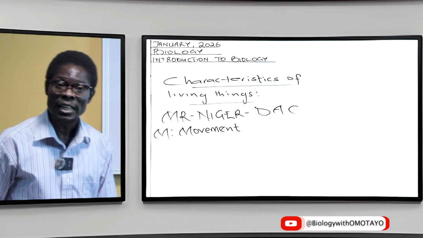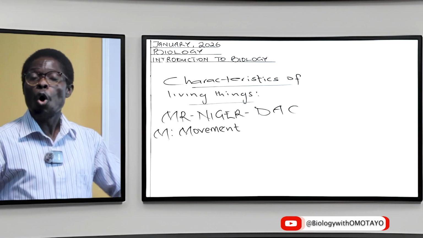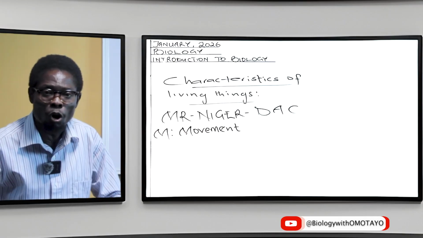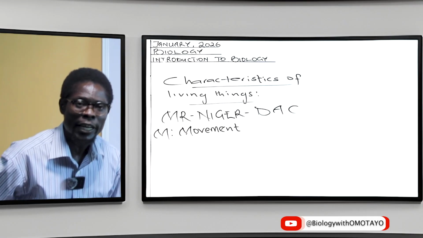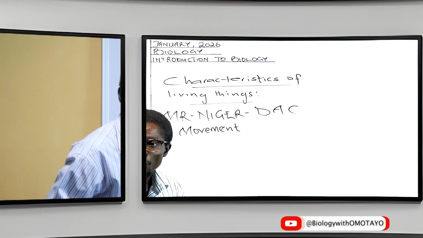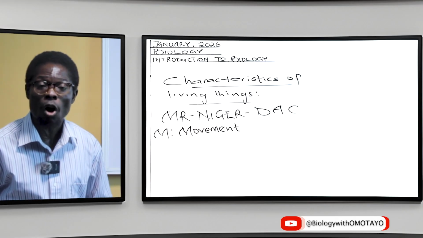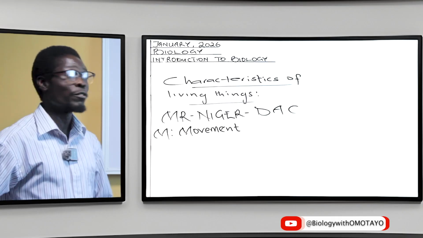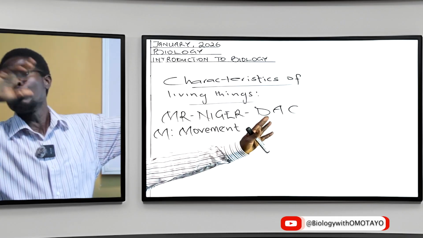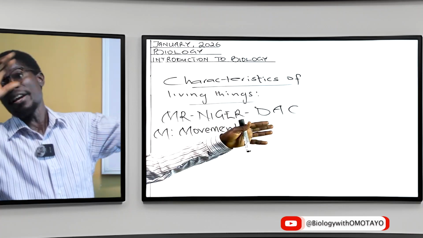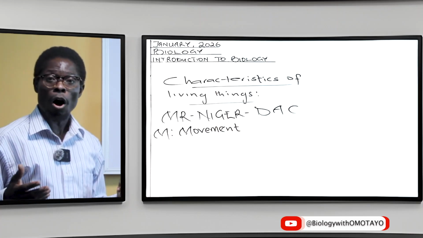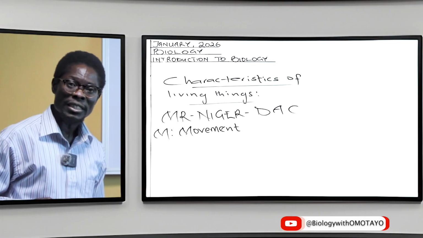This is a movement that involves the complete movement of the body, a complete change in location from point A to point B. We equally have another form of movement called nastic. This is a type of movement that involves moving in a non-directional way, however, position is maintained.